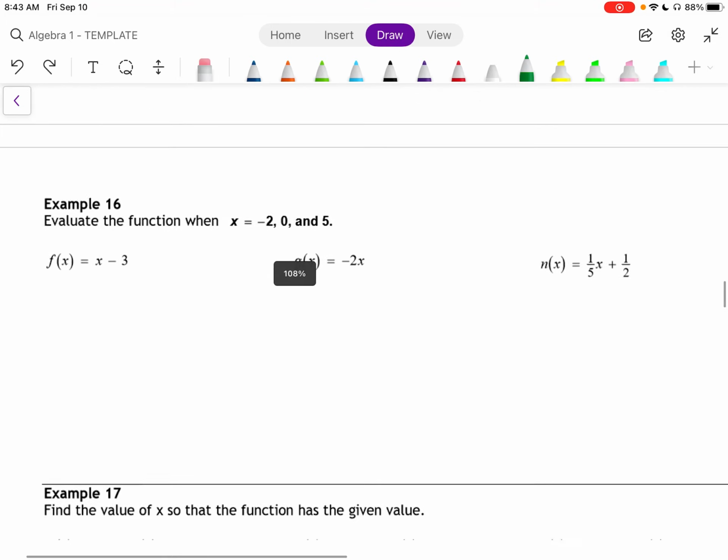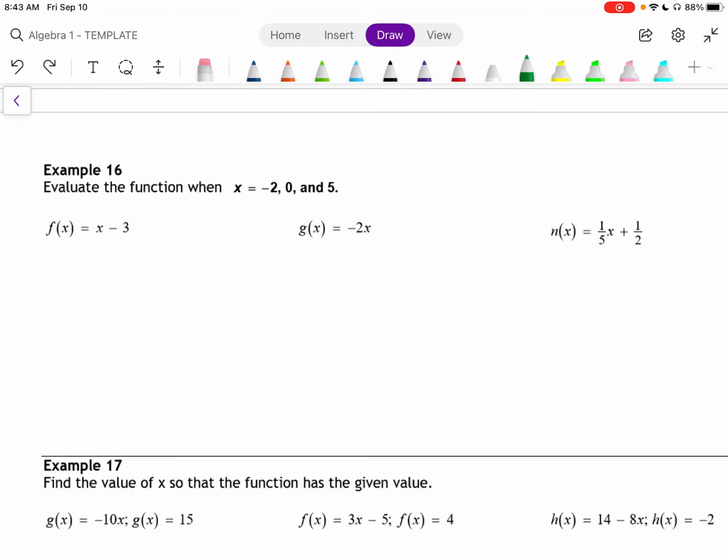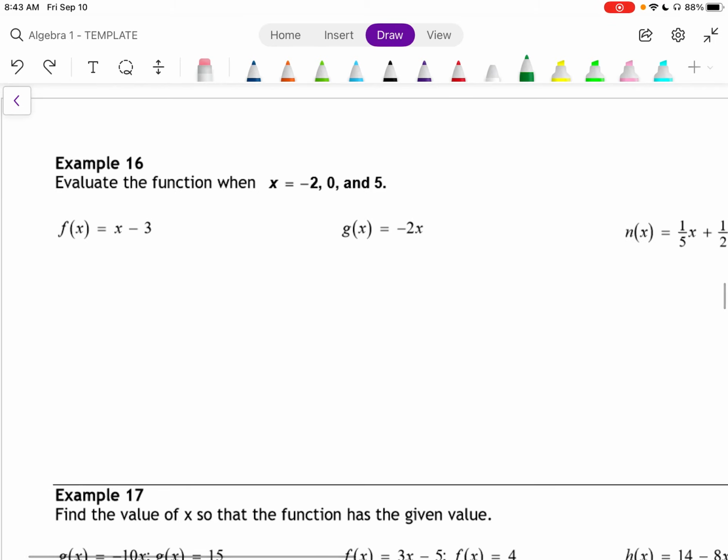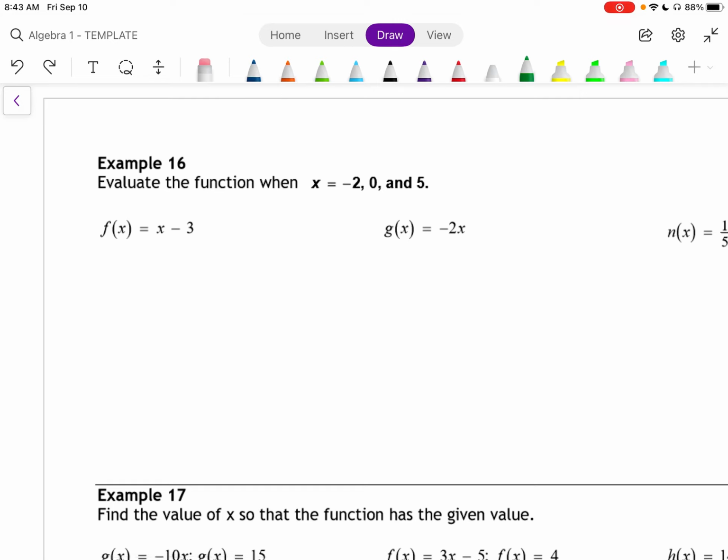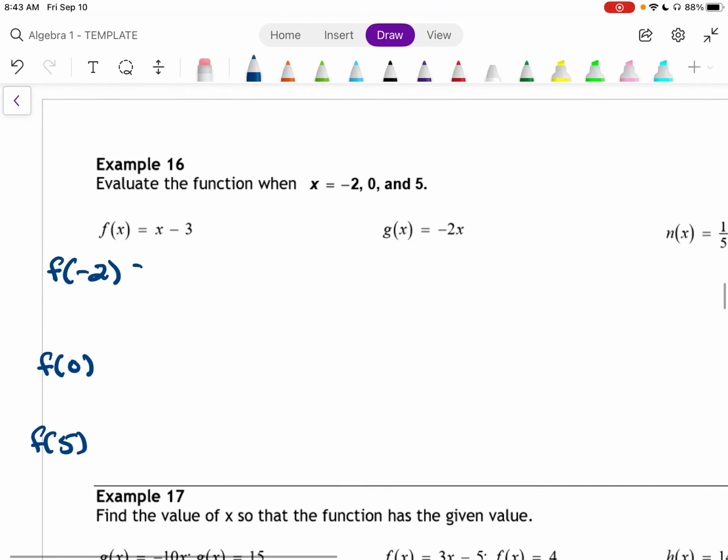Moving on, example 16. We're supposed to evaluate the function when x is negative 2, 0, and 5. So here, starting off, we have f of negative 2, then f of 0, and f of 5. That's just to remind me what we're going to do. For negative 2, I'm going to plug in, that's negative 2 minus 3, which is negative 5.